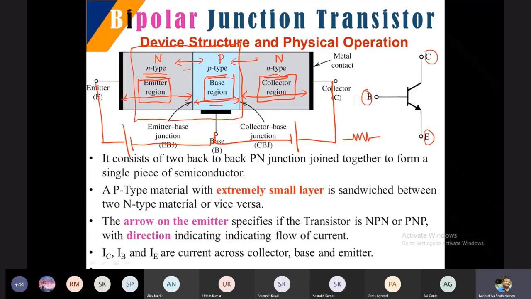It is assumed, and quite logically, that both at the emitter as well as the collector we will have a majority of what? If it is an N-type semiconductor we are using, what will be the majority carrier in those regions?